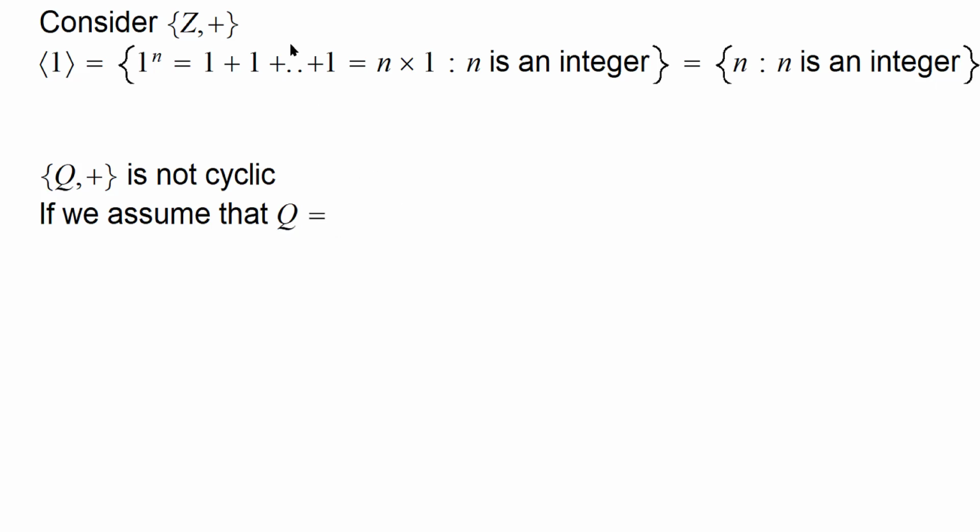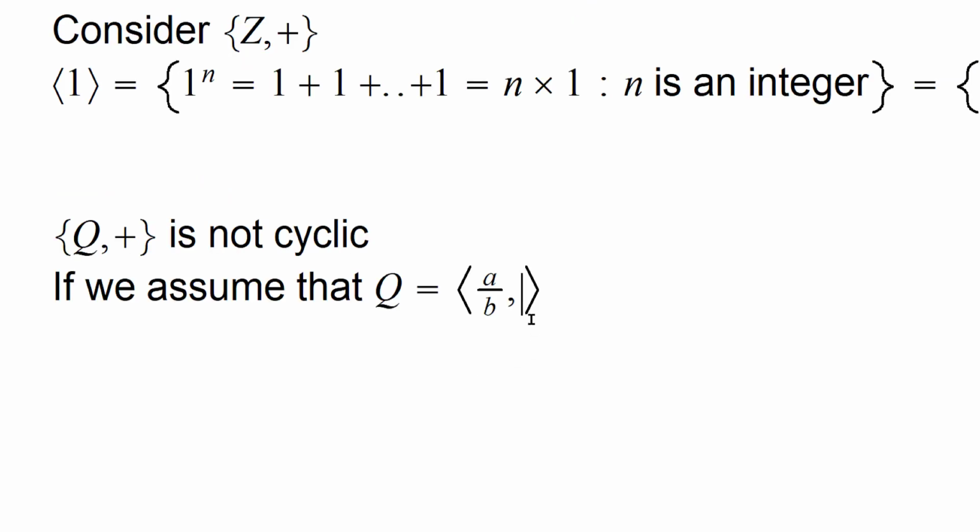So say we have a over b, where a and b are integers, a, b belong to Z, and b is not equal to 0.